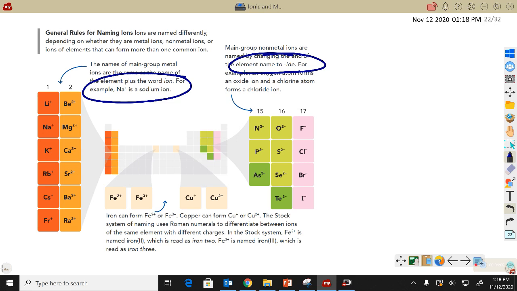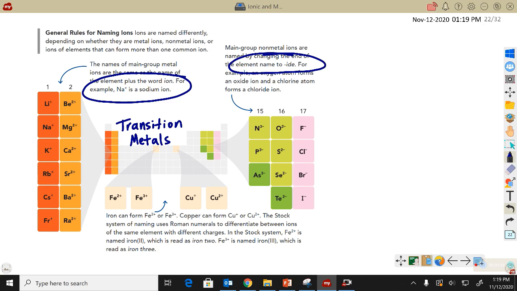Now the only group that's a little bit funky are the transition metals. So the transition metals are in the middle, right? And we said earlier that transition means a change. And so the problem with these ions is that the number of valence electrons can change.